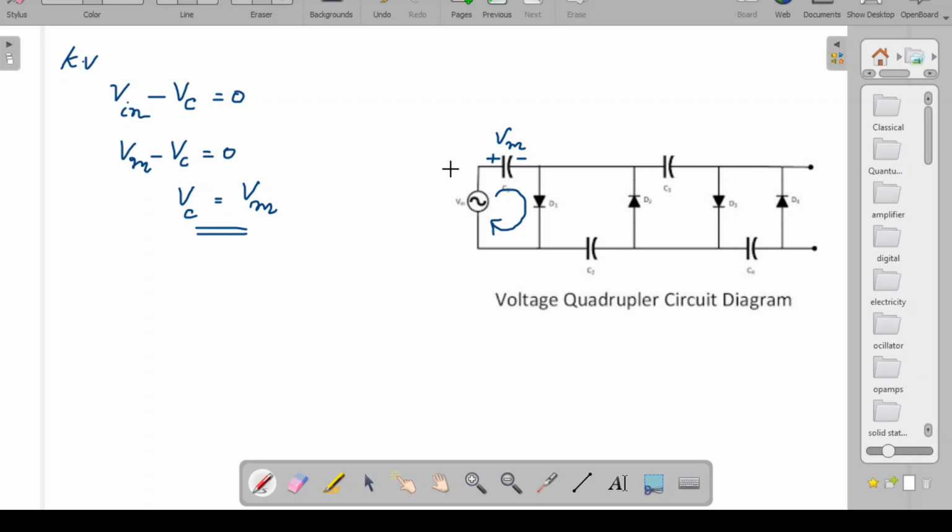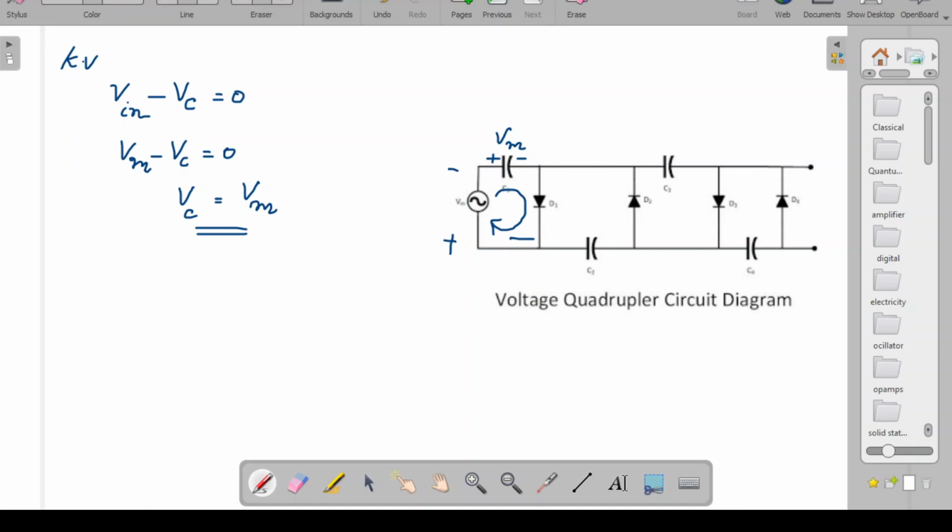Now in the negative half cycle, you know that this diode will not conduct. But this diode D2 is going to conduct, because this P side is positive and this N side is negative. So obviously this diode D2 will conduct, as well as D4 also can conduct. But now we can consider this particular branch where the current is flowing through D2.